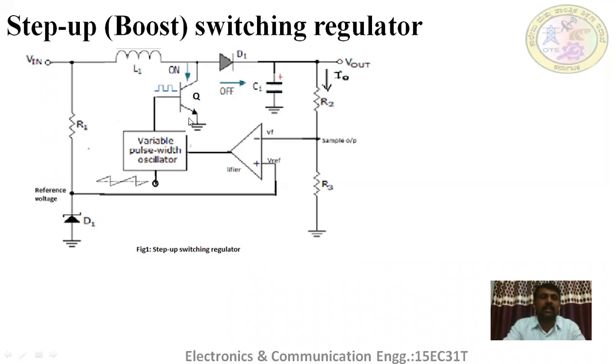During the transistor on state, the input flows through the inductor, enters the transistor switch and terminates. This is the path for the current.